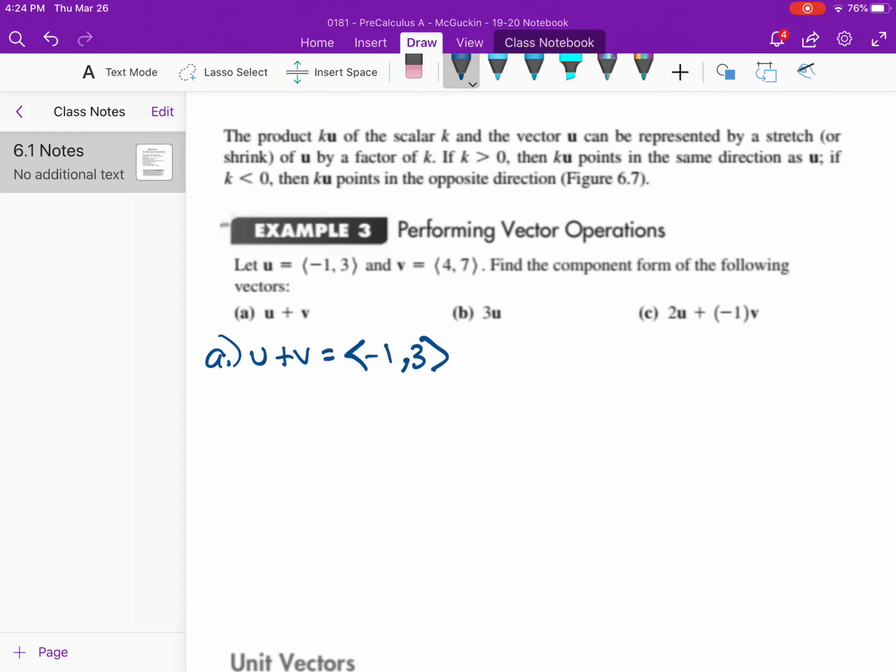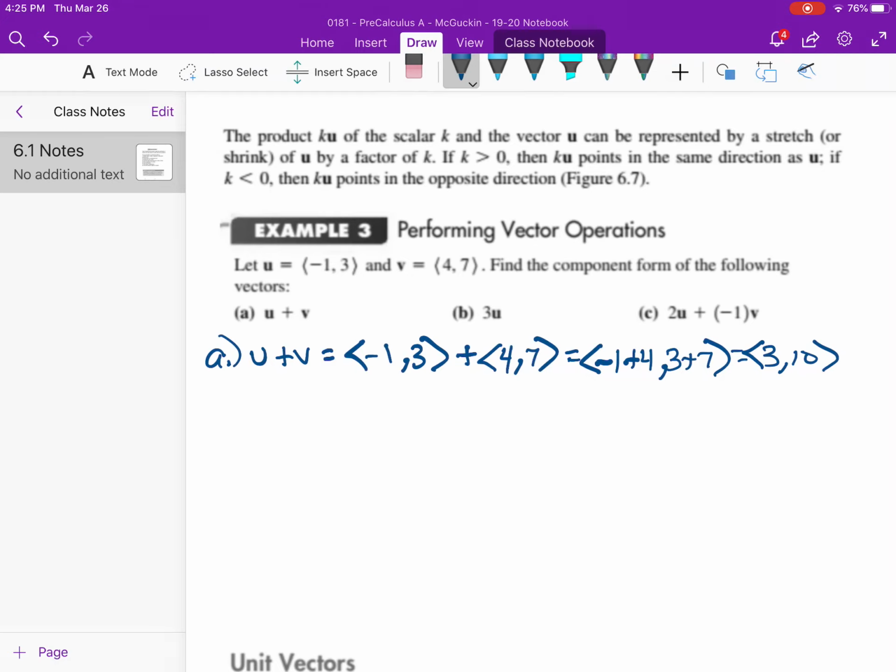This is vector u, -1, 3. And I'm going to add that to vector v, which is 4, 7. Respectively, I'm going to add -1 plus 4 and 3 plus 7 to get 3, 10. So that means u plus v is the vector 3, 10.